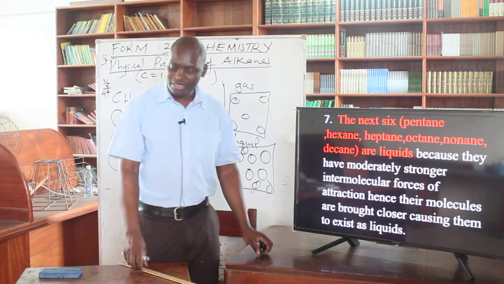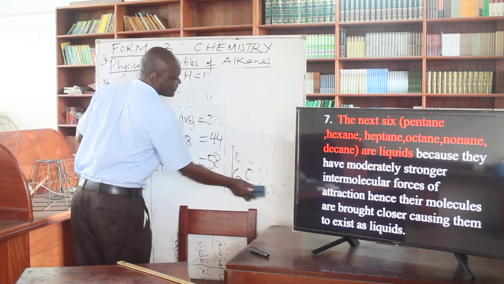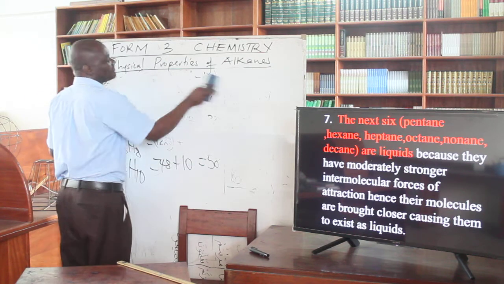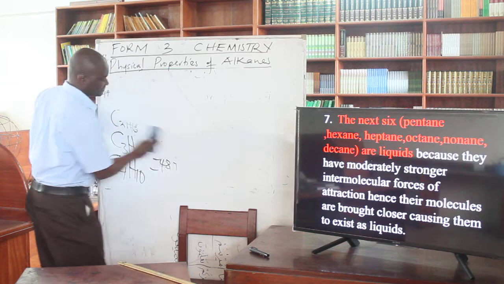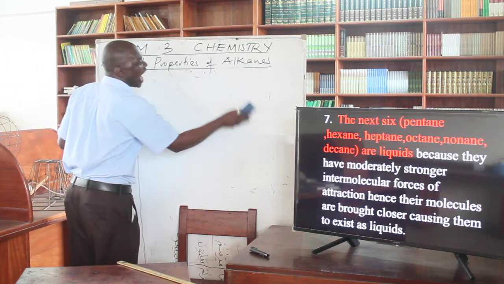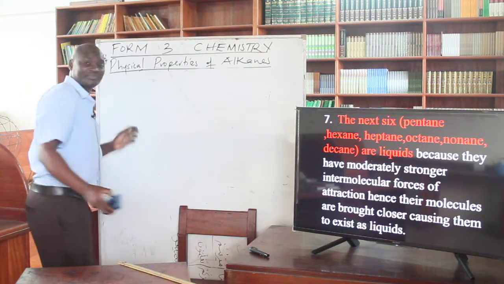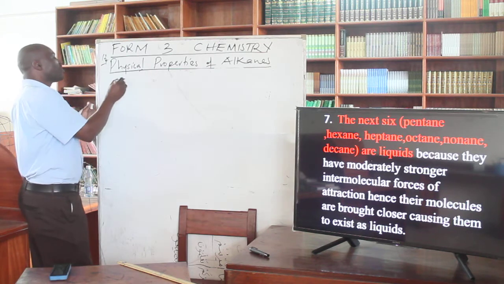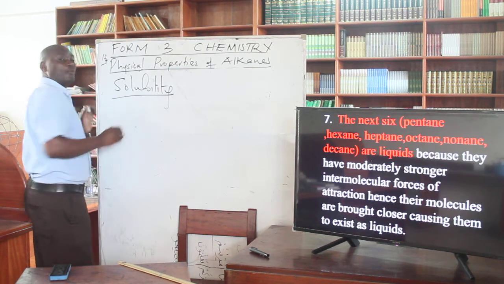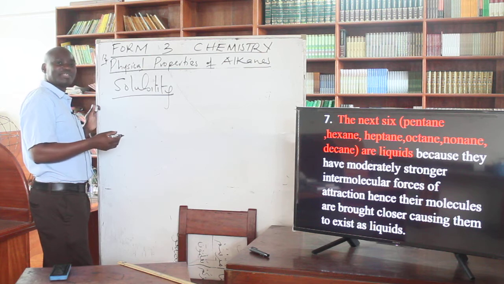Now, another thing that I want to talk about alkanes is solubility of alkanes. This one is very important. When we talk of solubility of alkanes, I want you to reflect back on what you learned in Form 2 under structure and bonding.